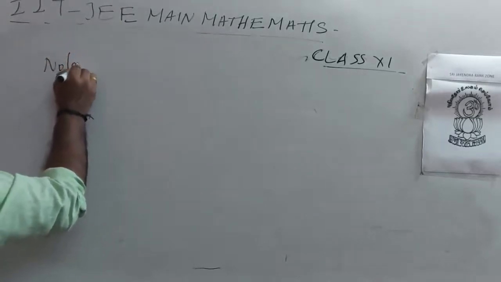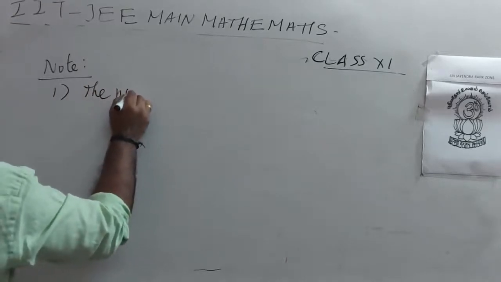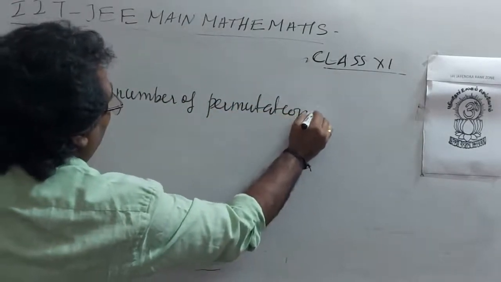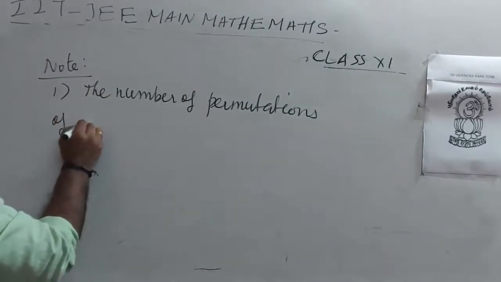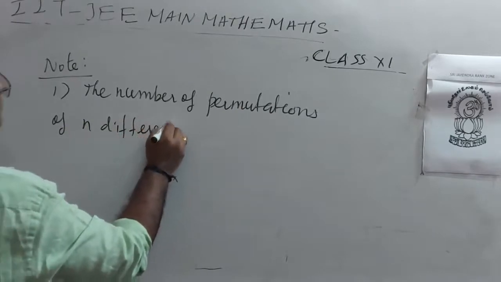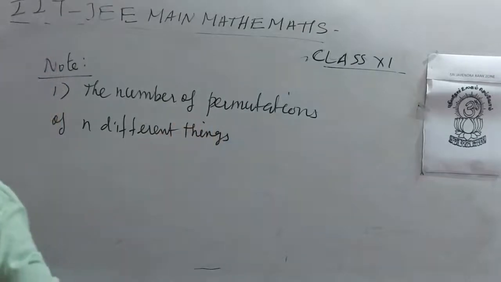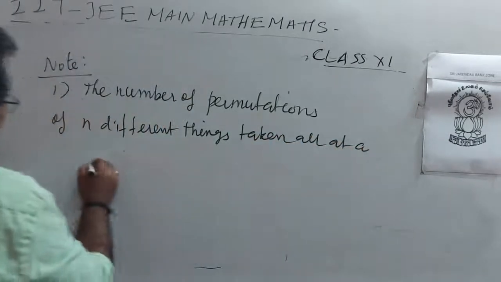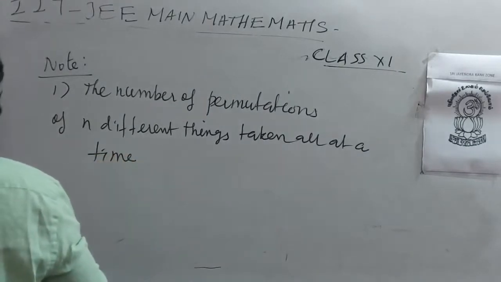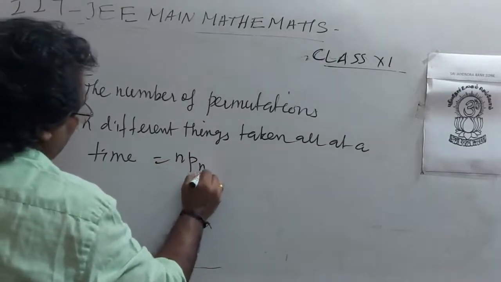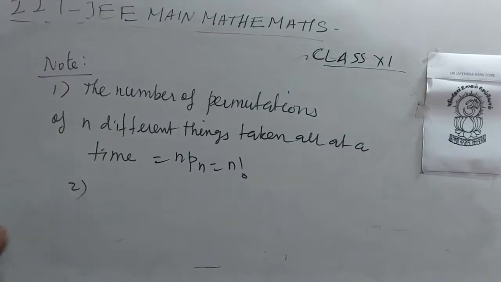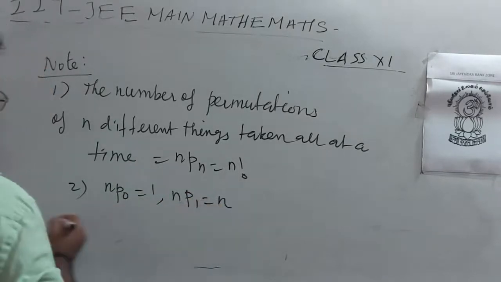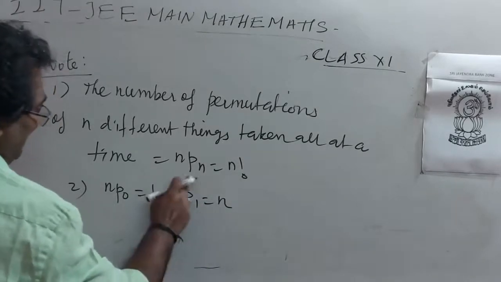Note, the number of permutations of n different things taken all at a time equals nPn equals n factorial. nP0 is 1, nP1 is n, and nPn equals n factorial.